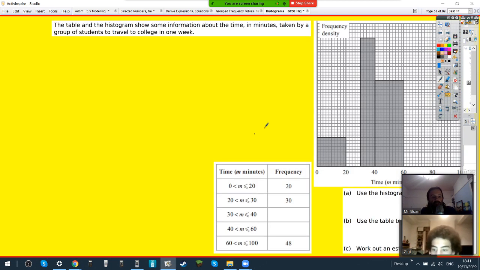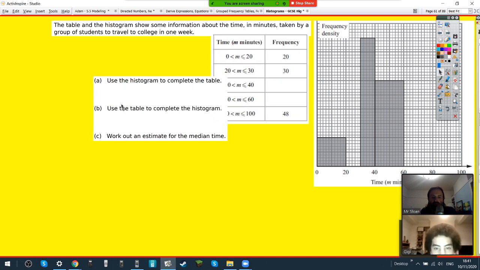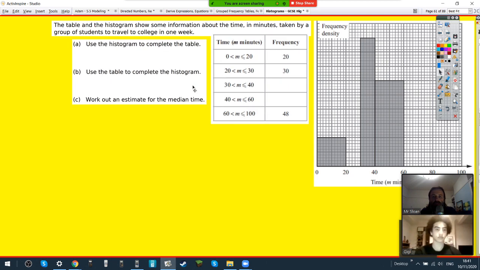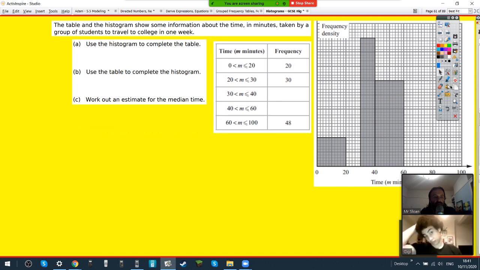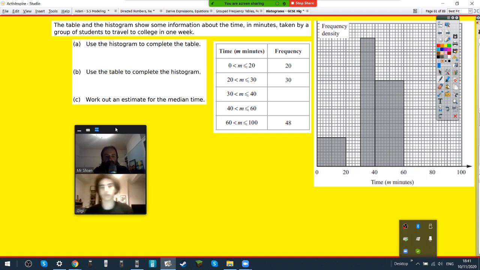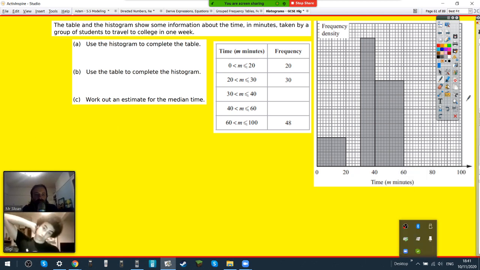Okay, I just want to see what they have for median. So they do seem to want the median. Okay, let's find the median. Work out an estimate for the median. Alright.